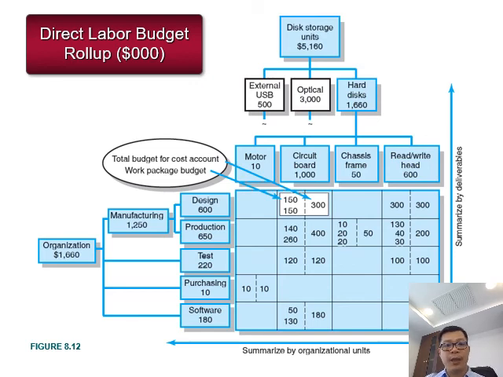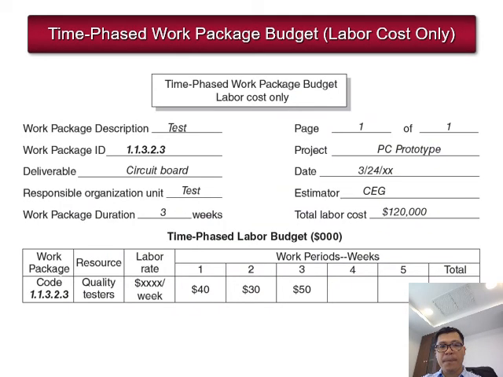So this is how we do the job, by creating it like this. It's called the budget for the cost account work package budget. I think that you used to see this in the previous chapter. 15,300, this is the budget. We allocate. So this is the time-based work package budget.